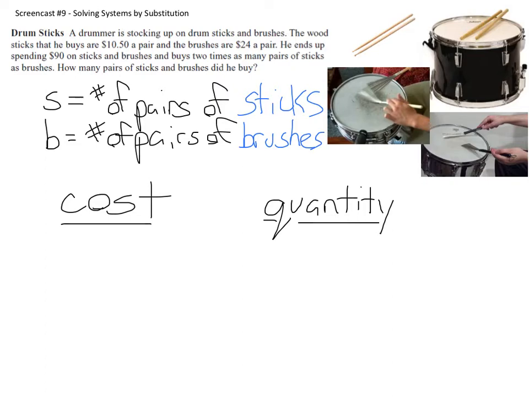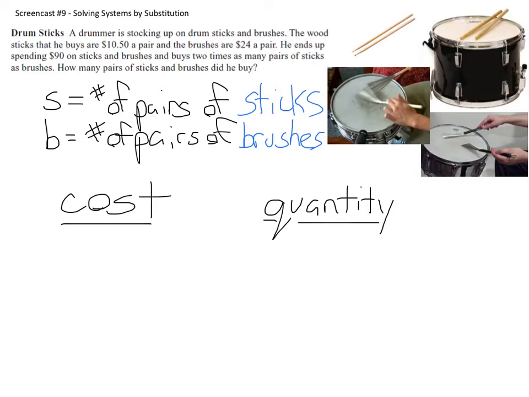Now, when you get a problem like this, and you will see problems like this again, specifically in just a few moments when you're given yours that you need to solve, these are the type of problems that I like to call cost and quantity style problems. Because you're going to set up 2 equations to make this system of linear equations. And one of the equations in the system is going to represent total cost.